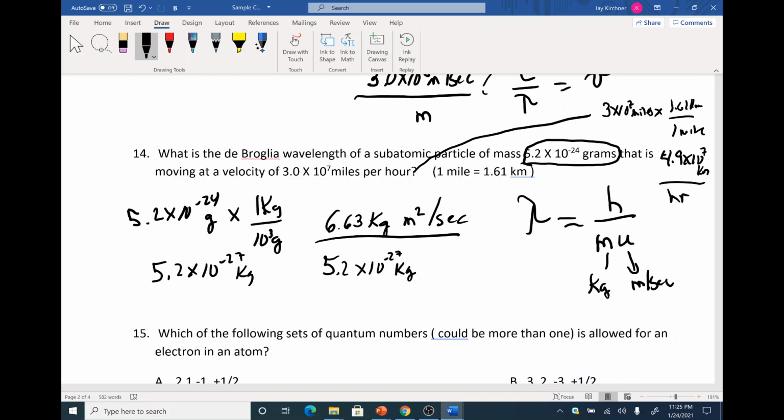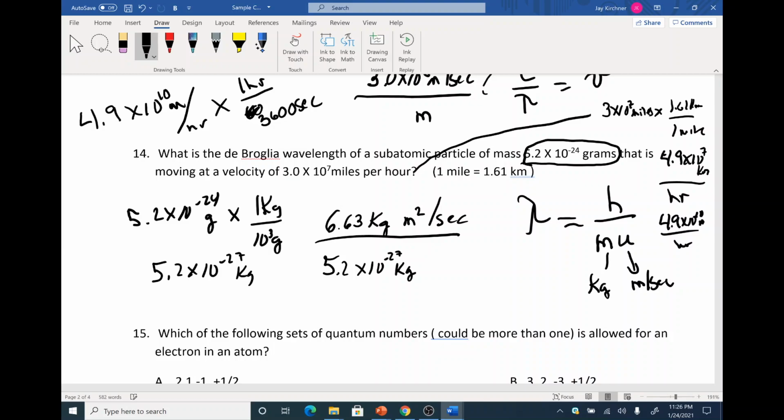Then I have to multiply that by 10 to the 3rd, so I'll get 4.9 times 10 to the 10th meters per hour. Now I'm going to have to multiply that by 1 hour per 60 minutes, or let me just put it this way, per 3,600 seconds.